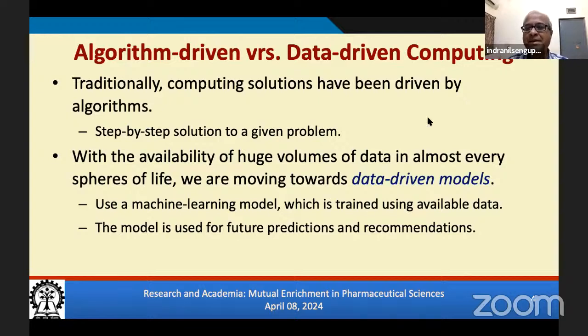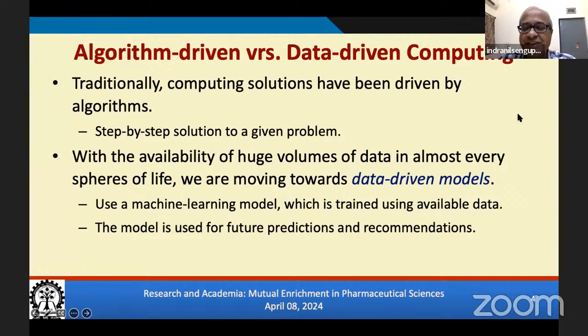Now, traditionally, when you use computers, we write some programs, we develop some software, and we run that software on the computers. We get our problem solved. Traditionally, what we normally used to do is develop something called an algorithm.